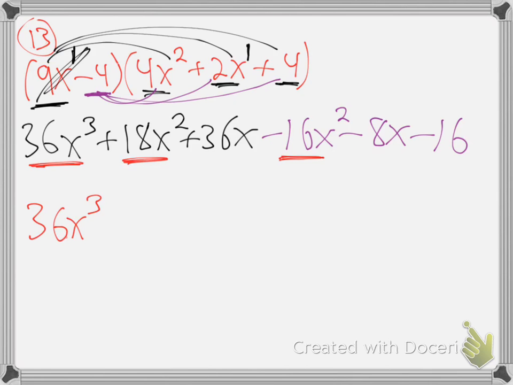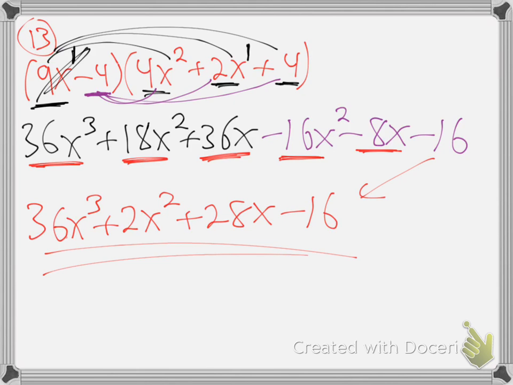I'm just doing numbers in front, not messing with powers. 18 minus 16 is 2x squared. Next, 36x minus 8x. That's 28x. And bring down the minus 16. And that's as far as we can go. Is that making sense? Is that good? All right.